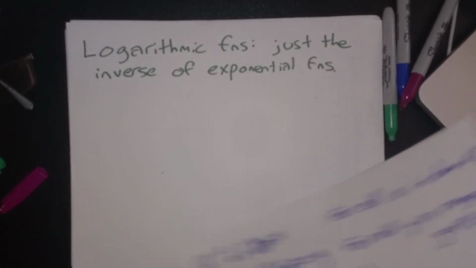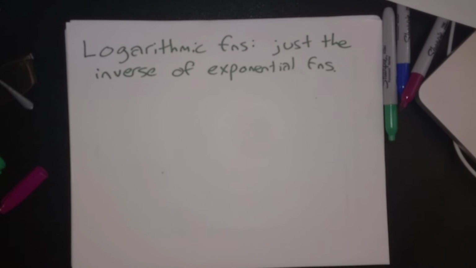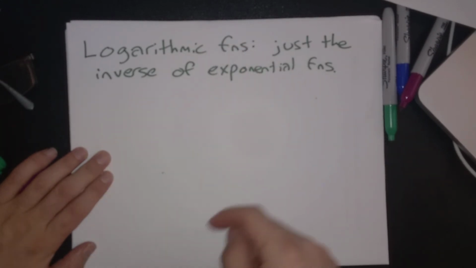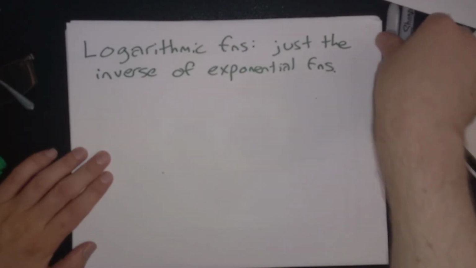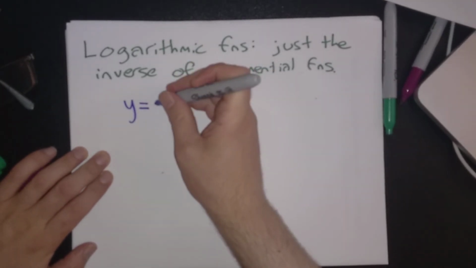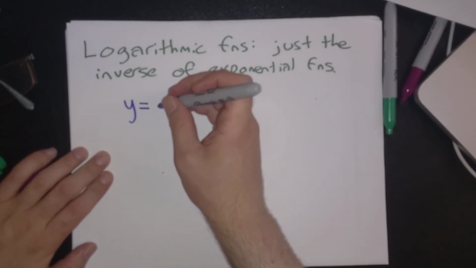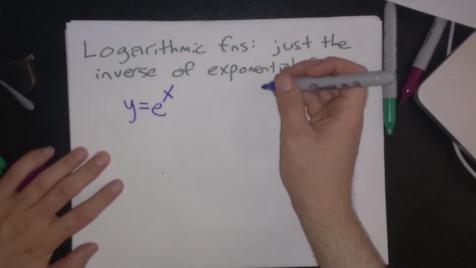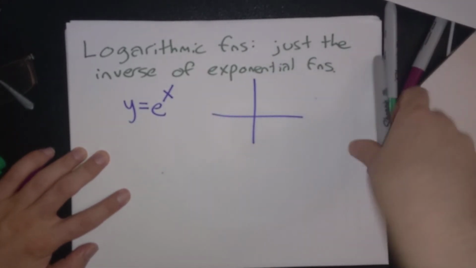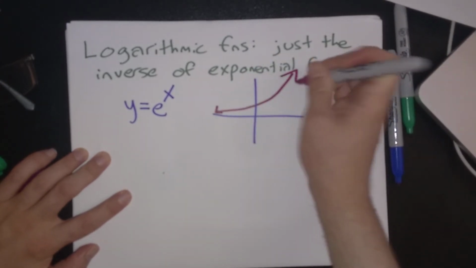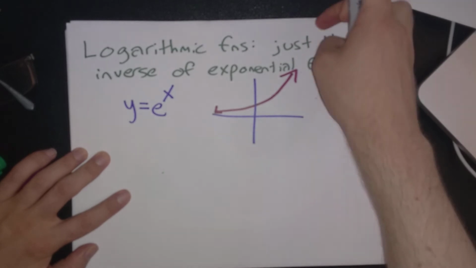Okay, one more little note in this video for this section. Logarithmic functions are just the inverse of exponential functions. So if we have y is equal to, let's say, e to the x, our favorite exponential function, the one we'll be using most frequently, and draw a picture of it, we can see that yes, it is a one-to-one function.